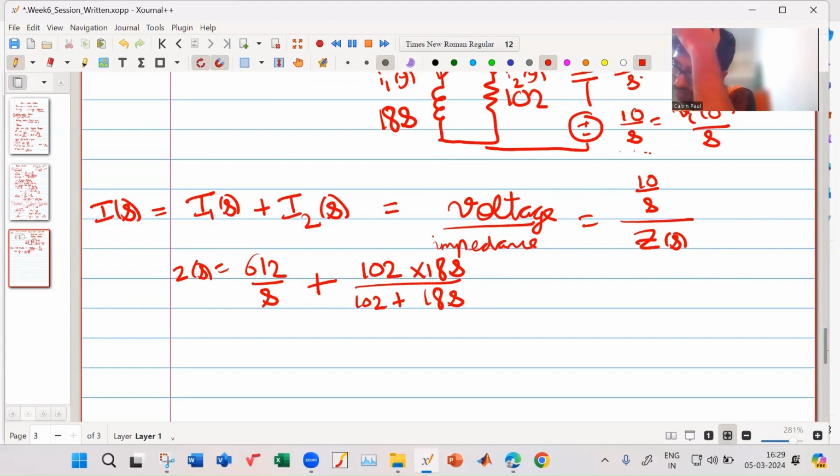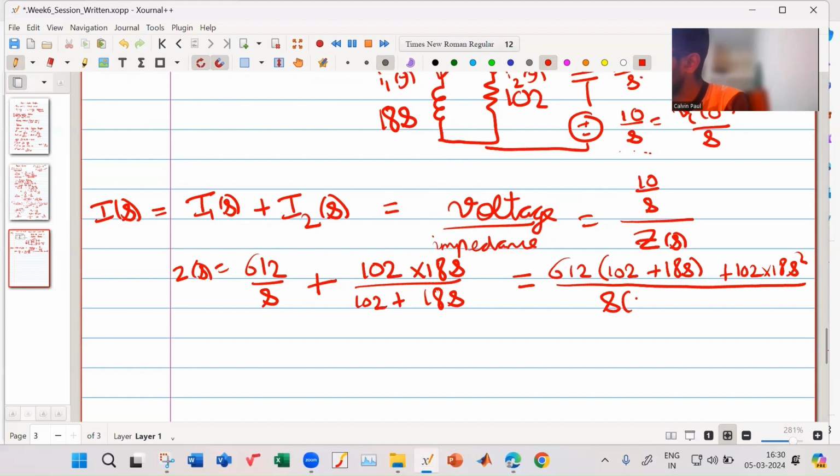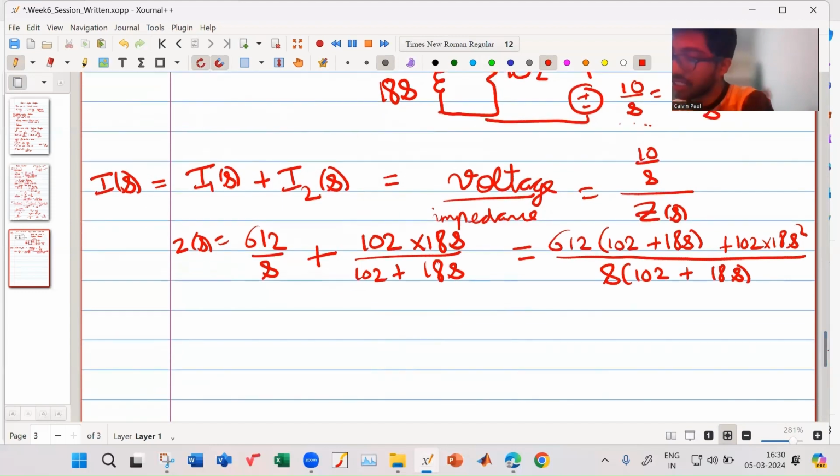So what we do is we cross multiply. We write this as 1 into 102 plus 18S, plus 102 into 18S, divided by S into 102 plus 18S. So my Z of S is equal to, where's my calculator?